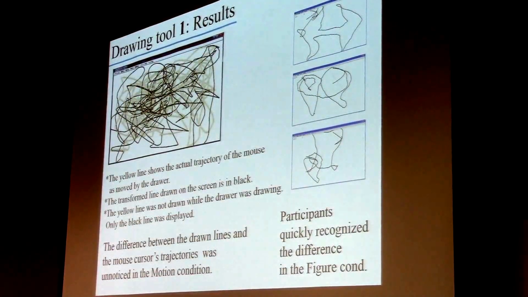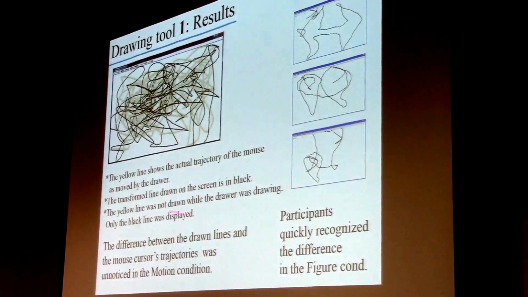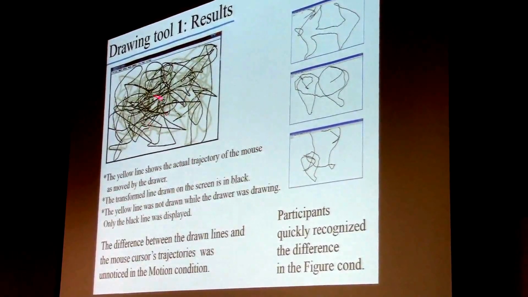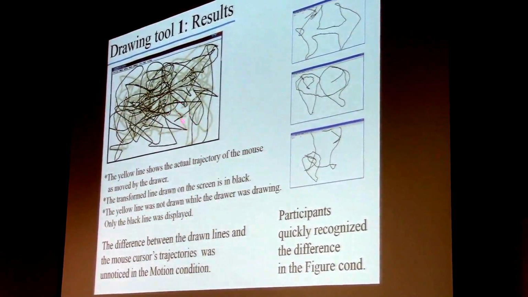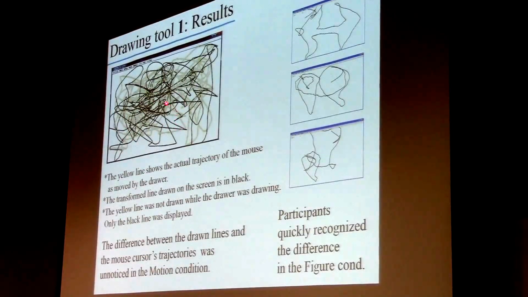These are the results of drawings in the motion conditions. The yellow line shows the actual trajectory of the mouse cursors. The transformed line drawn on the screen is in black. The yellow line was not drawn while the drawer was drawing.